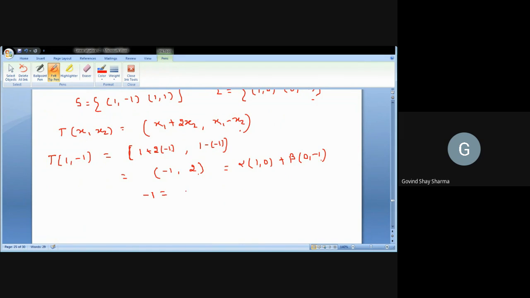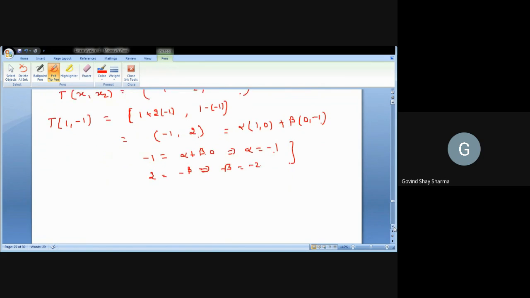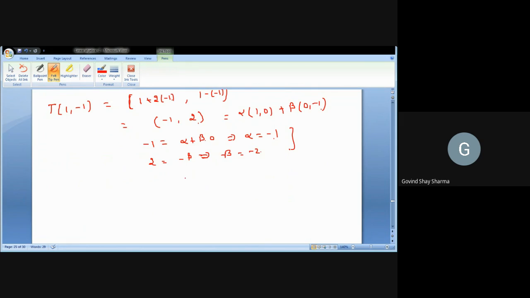Minus 1 is equal to alpha plus beta times 0, so alpha is equal to minus 1, and 2 is equal to minus beta, so beta is equal to minus 2. So we can write (-1, -2). This is our equation first.